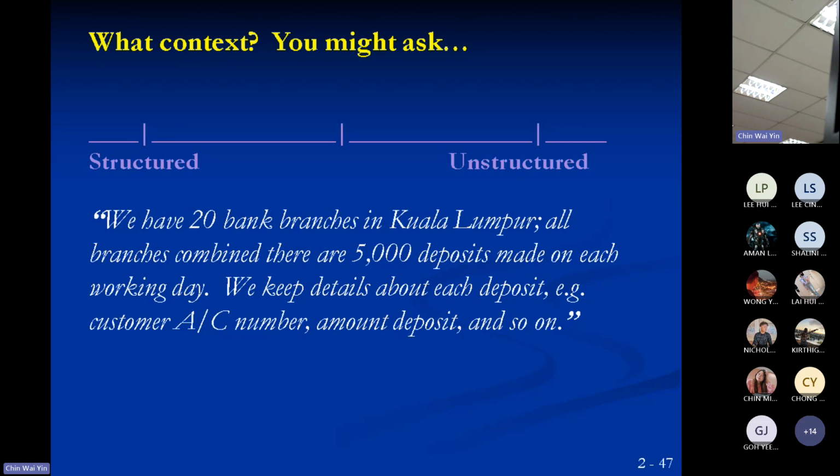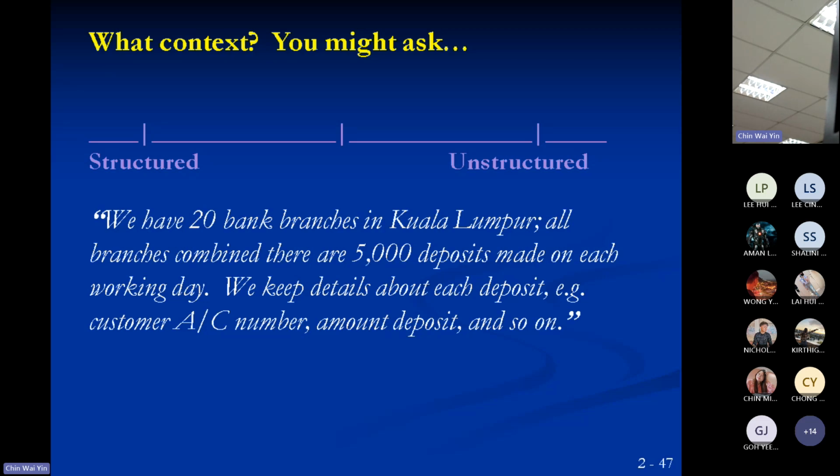So we need to record the customer account number, the amount deposited, and so on. So these are the records, so very detailed. So structured means what? You know, it's very clear cut. You know what your problem is, you know what you need, you know what you want. All right? You know how many, how often, and what the details are. Can you see that? It's all there.